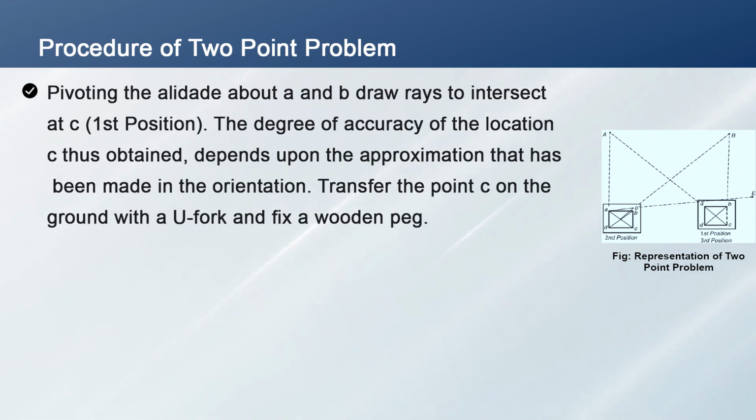Pivoting the alidade about small a and b, draw rays to intersect at small c. The degree of accuracy of the location c thus obtained depends upon the approximation that has been made in the orientation. Transfer the point c to the ground with a U fork and fix a wooden peg.